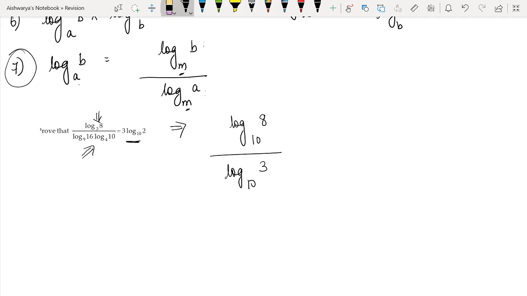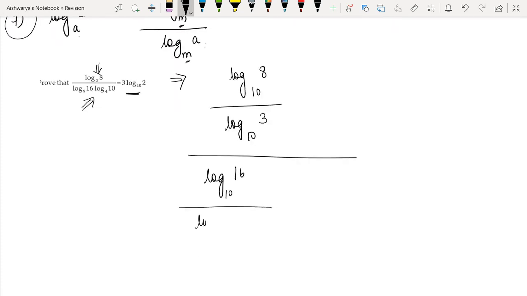Sorry, give me a minute. Okay, so here I will write it as log 16 base 10 divided by log 9 base 10, into log 10 base 10 divided by log 4 base 10.